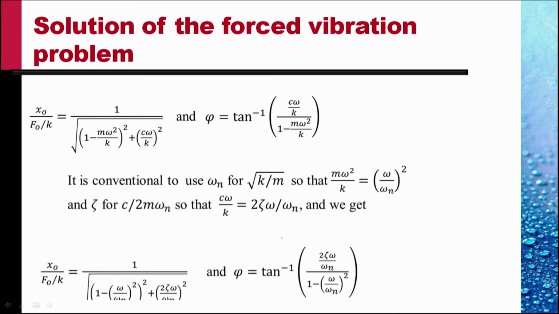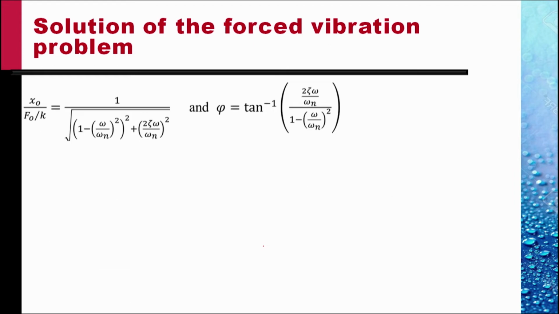And we introduce zeta for c divided by twice m omega n, so that the parameter c omega by k is equal to twice zeta omega by omega n, and we get this expression for the non-dimensional dependent parameter denoting the amplitude of oscillation, and this for the phase of oscillation.